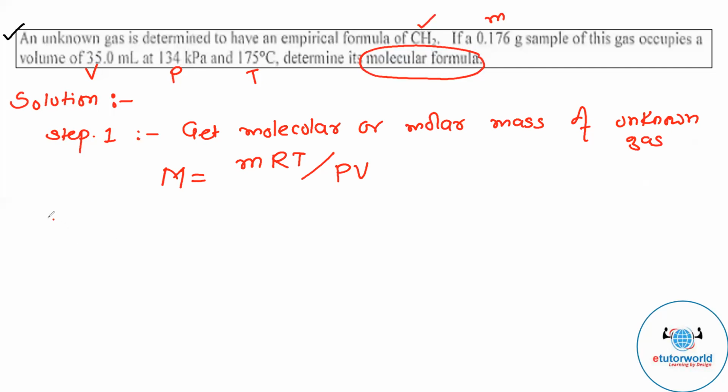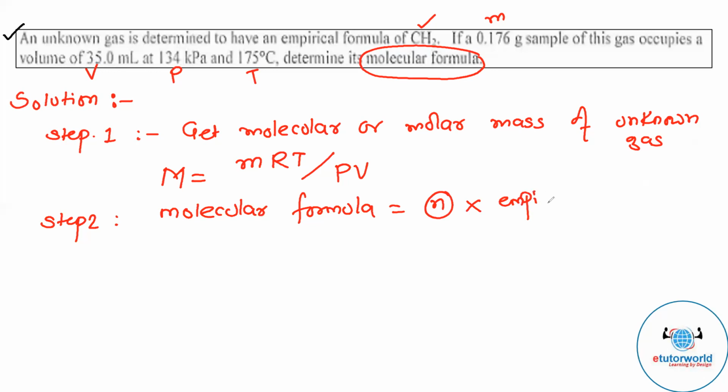What will be step 2? Step 2 will be getting the multiplying factor. There is a relation: molecular formula is equal to the multiplying factor, that is n, multiplied by the empirical formula, which is given. What is that? That is CH2. So let me write down here.